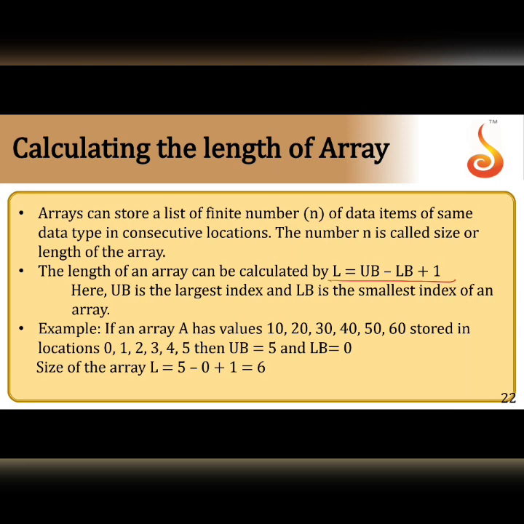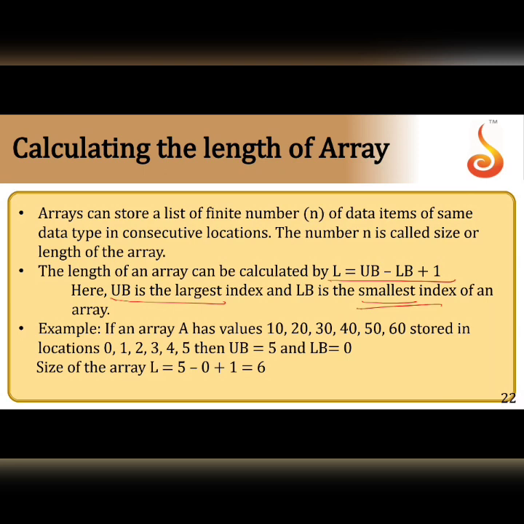Whenever I say upper bound or lower bound, I am speaking about the index value of the largest element, that is the last element, and the index value of the first element of the array. It is not the value of the element present, I'm talking about the index values here.